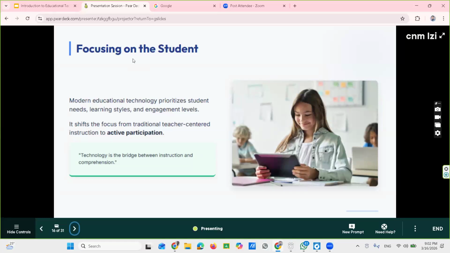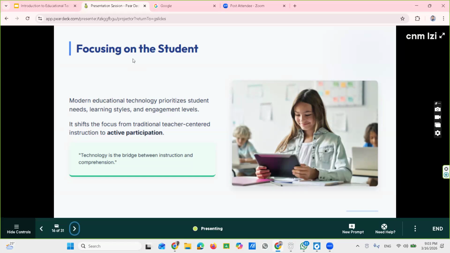Right? It helps to bridge the gap between instructions and comprehension. Technology is the bridge between instructions and comprehension. Then you again look at active participation. You need to get the active participation of your students. I am trying to do it with you.